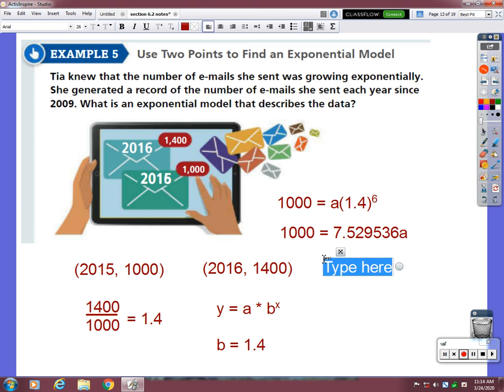So a would equal 1,000 divided by 7.529536. So that works out to be 132.8.